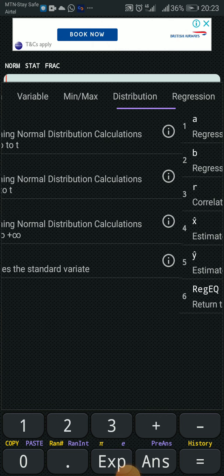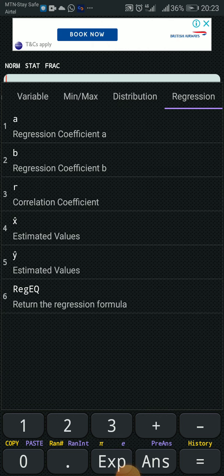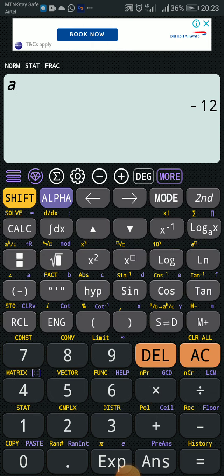Okay, yes, I have A, the regression coefficient A, so I'll press it. My A is minus 12. So you write it down, minus 12.